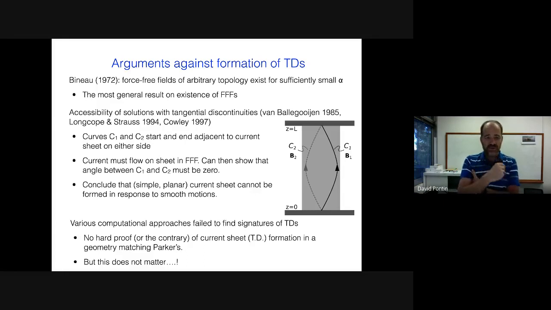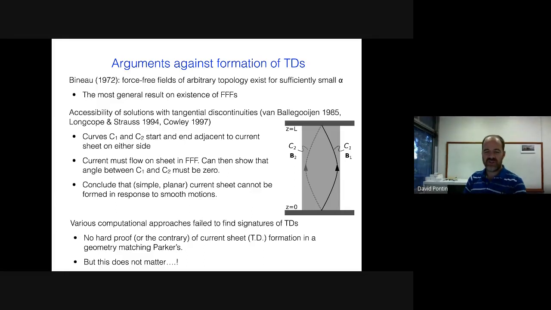There were also various computational approaches to seeking signatures of tangential discontinuities, none of which found anything unequivocal. And so basically, to summarize the last two slides, we have no hard proof or counterproof that tangential discontinuities or current sheets should generally form in this geometry that matches Parker's.